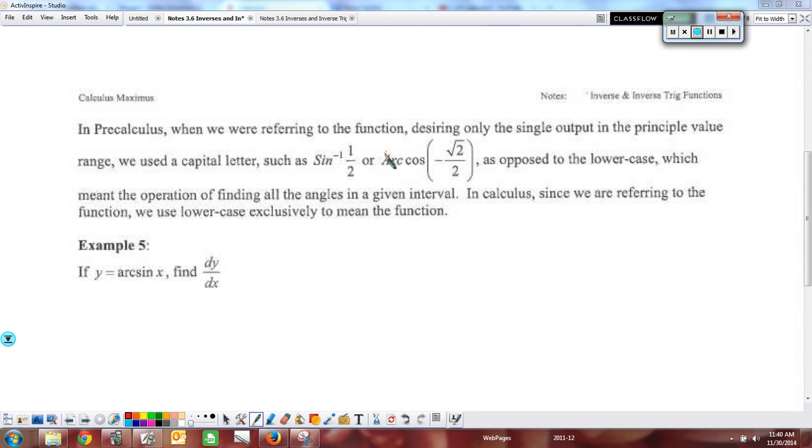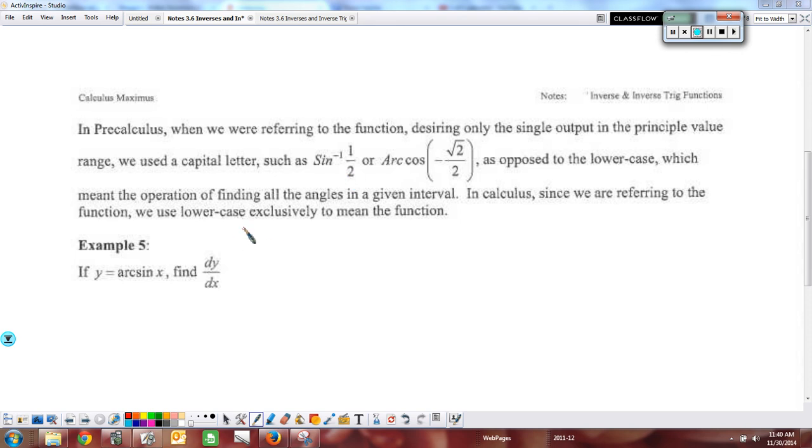All right, this part that's described here is not really that big of a deal for us because our textbook did not use that, but some textbooks will use a capital letter to denote that the principal value range is being used, so we only want the inverse sine of 1/2. This would only be pi over 6.